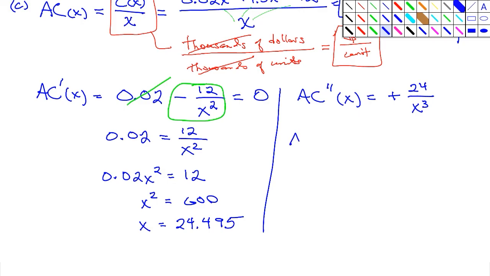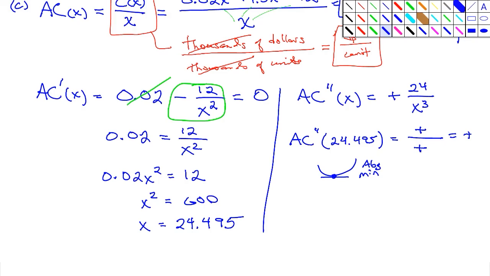And now if I plug in 24.495, I get a positive number divided by a positive number, which is positive, which means that the function is concave up, producing a minimum. And since this was the only critical value, it's an absolute minimum.